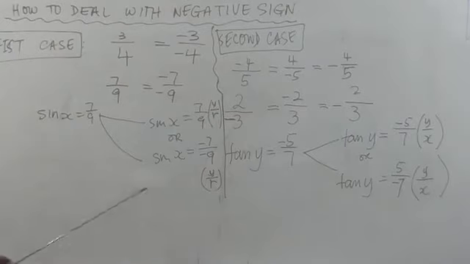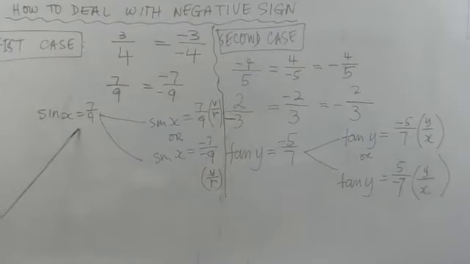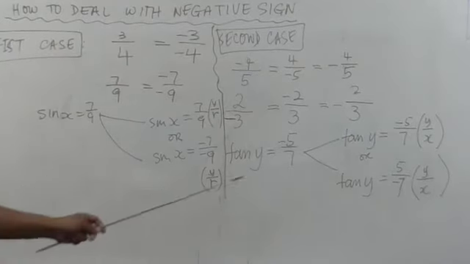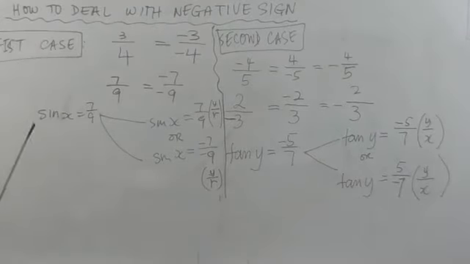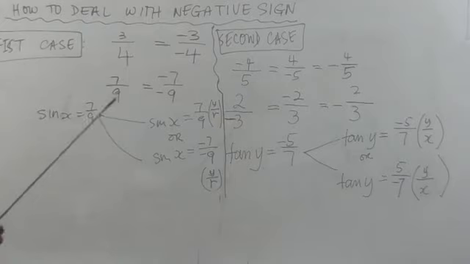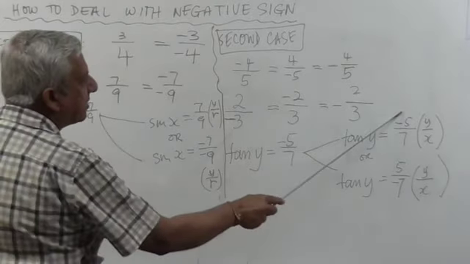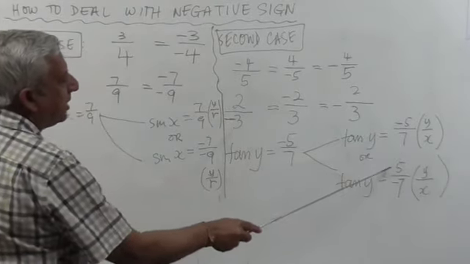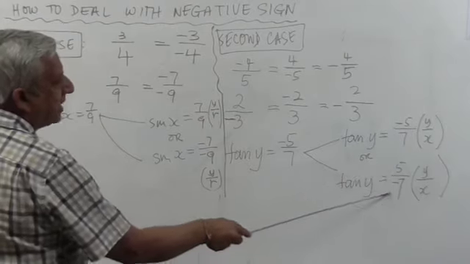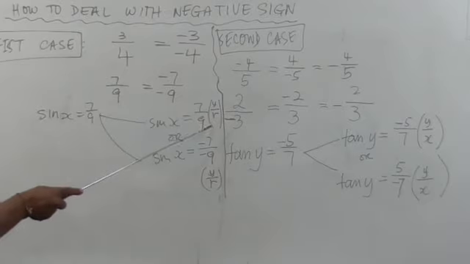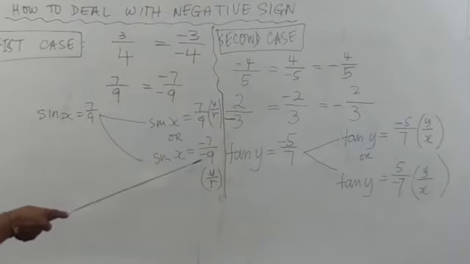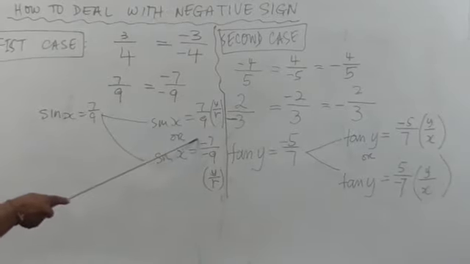So it's very important in trig to know that this one gives you two and that one also gives you two different answers. So if you see the difference, here the y is negative, the x is positive. Here the y is positive, the x is negative.